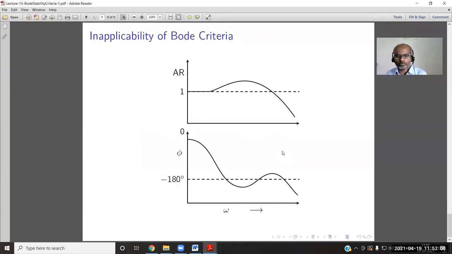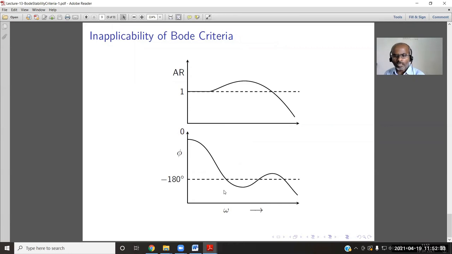The Bode criterion is inapplicable for systems with this kind of phase angle plot. We should have a monotonically decreasing phase angle. If you have this kind of trend, where the phase angle decreases and again increases over certain ranges of frequency, then the Bode criterion is not applicable.